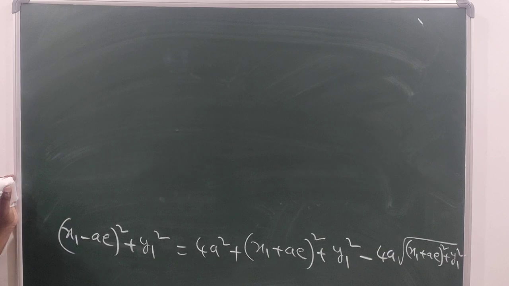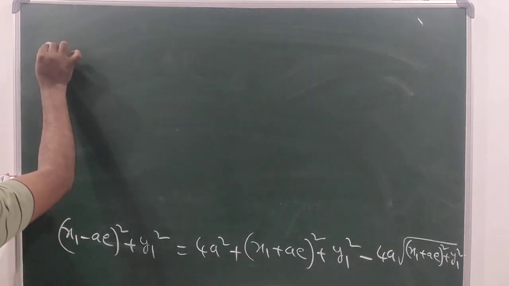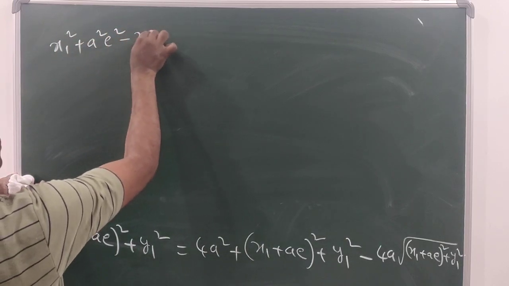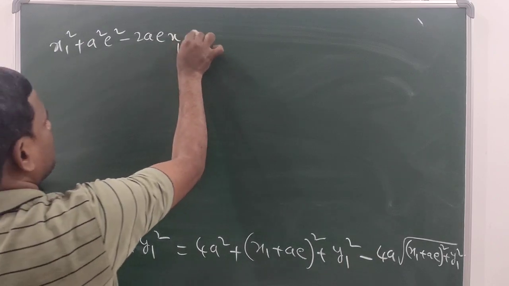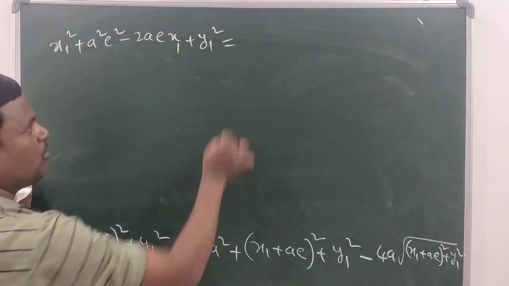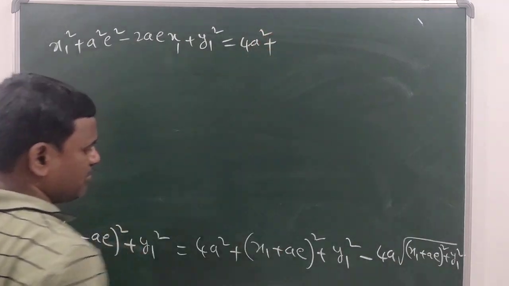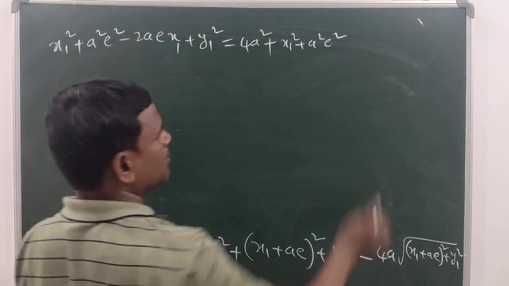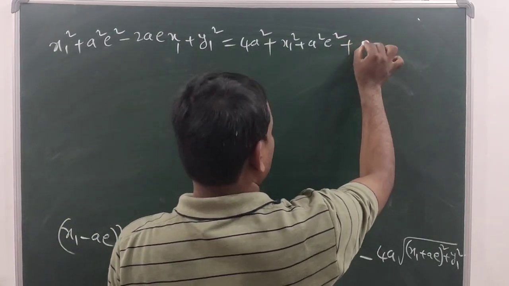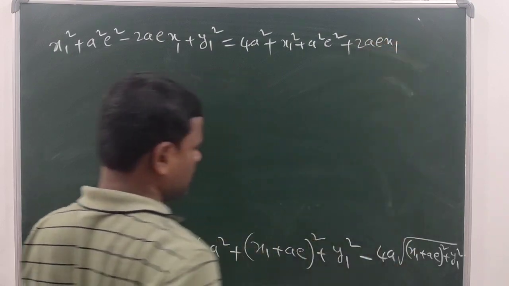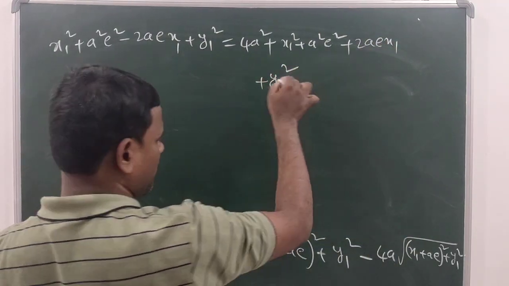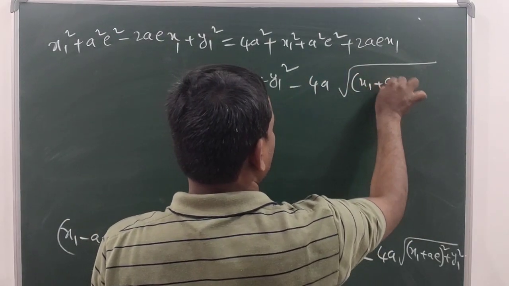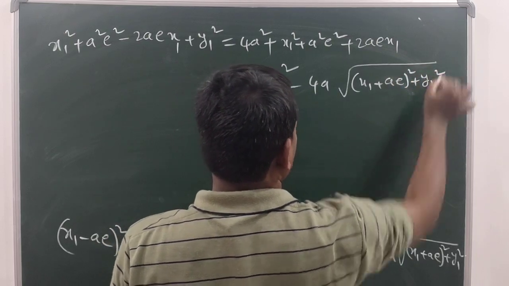Okay, so here expand it. x1 square plus a square e square minus 2ae x1 plus y1 square, which is equal to 4a square plus x1 square plus a square e square plus 2ae x1 plus y1 square minus 4a of square root of x1 plus AE whole square plus y1 square.